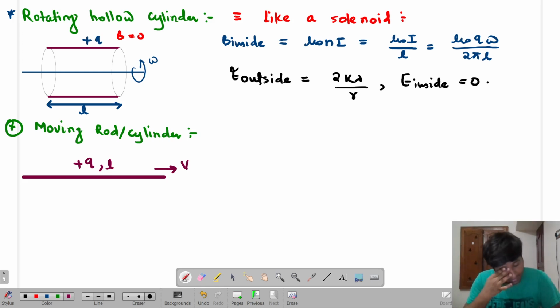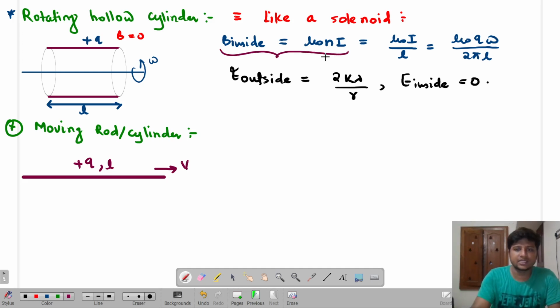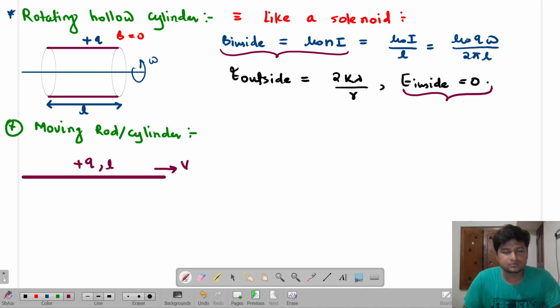But yes, one can be zero and another can be non-zero, but they will never be equal to each other. Are you able to get me or not? For all situations, no. Like here, when we have magnetic field inside, I have some value, at that point electric field is zero. It might be zero, it might not be zero. It depends on the rod.